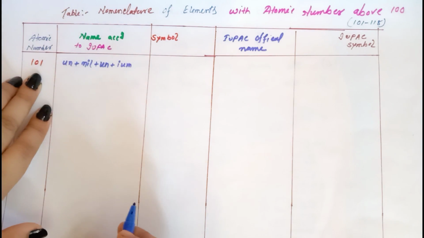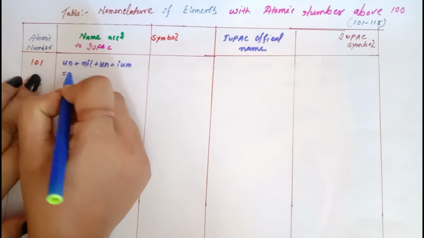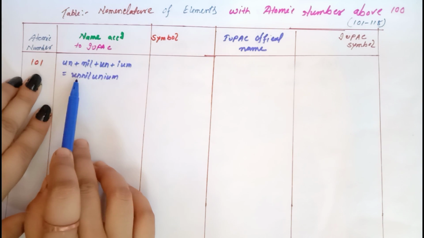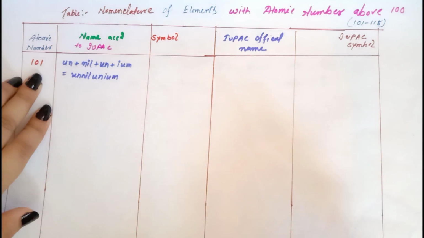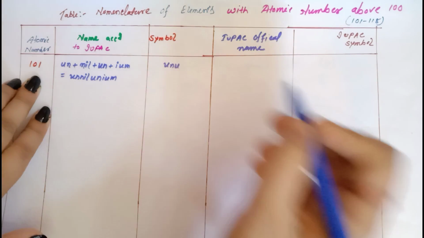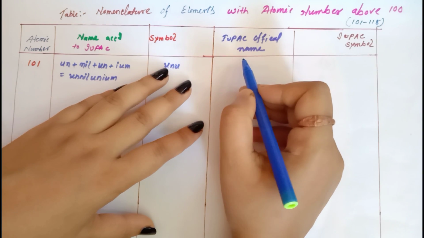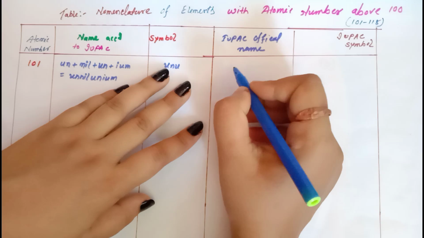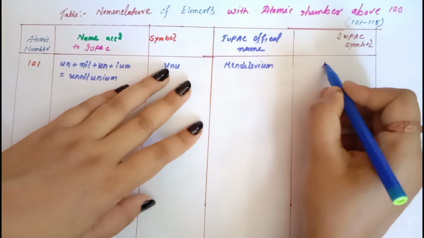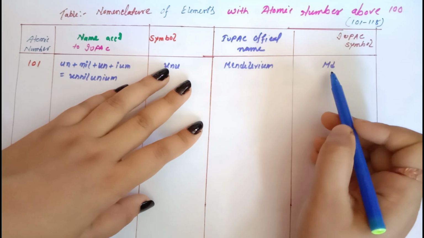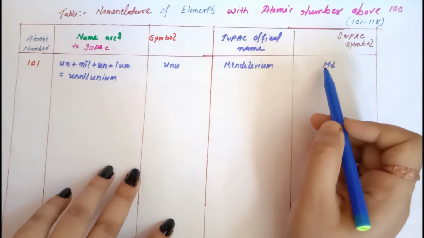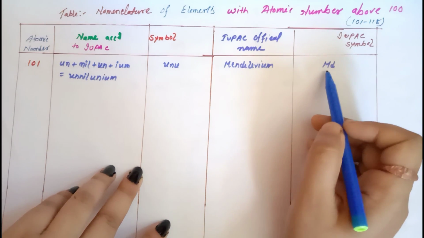So the complete name will be Unnilunium. It is symbolized as Unu. And the IUPAC official name was Mendelevium, and the symbol was Md. So you can see in the periodic table that the symbol for the element having atomic number 101 is Md, that is Mendelevium.